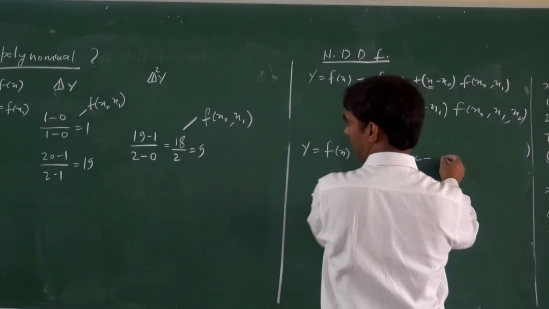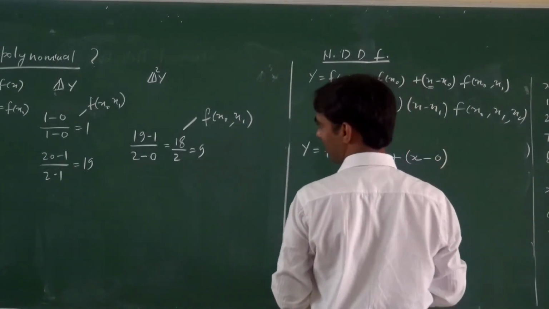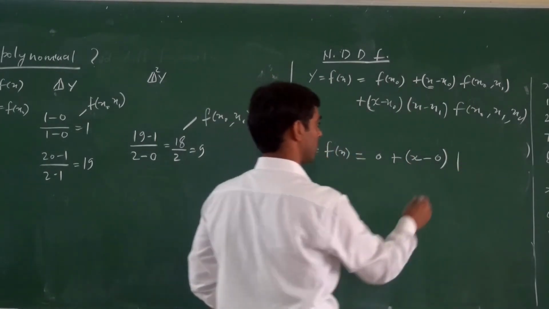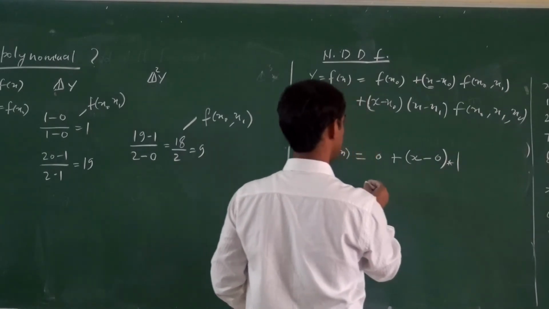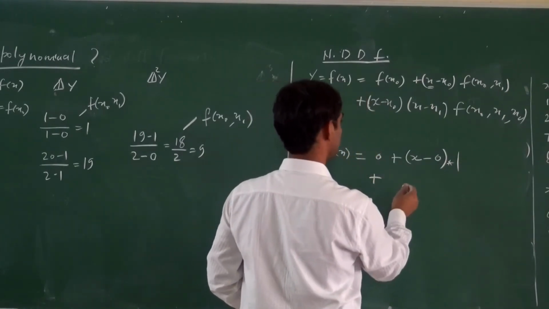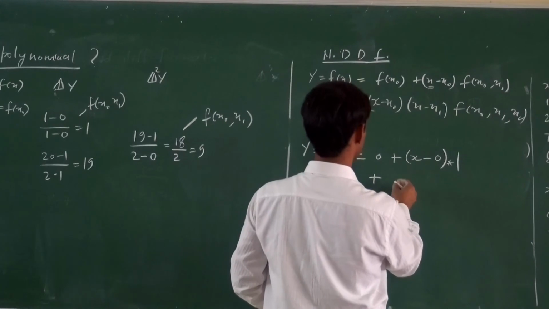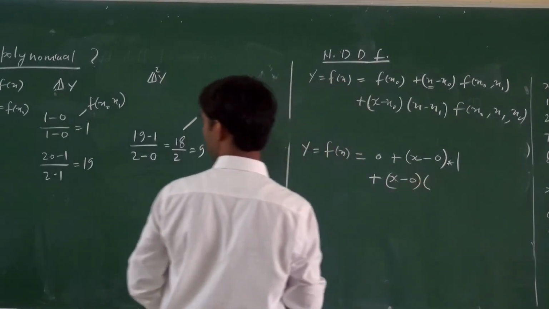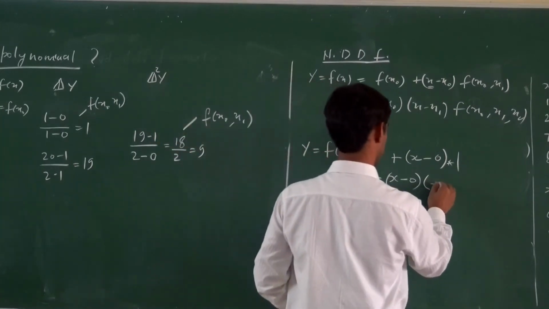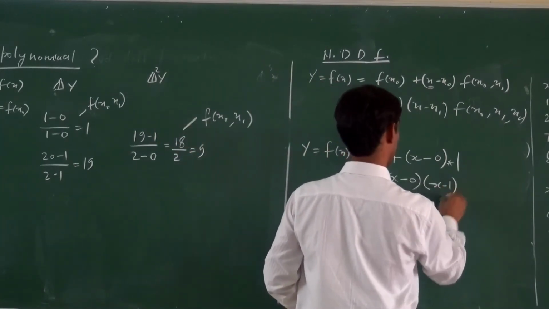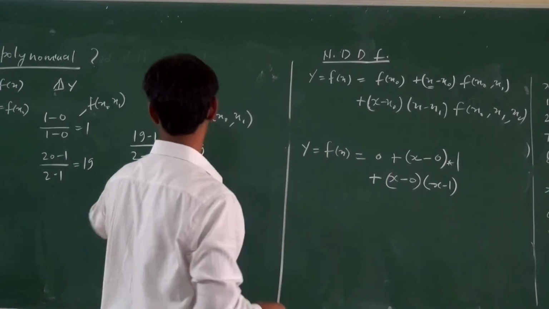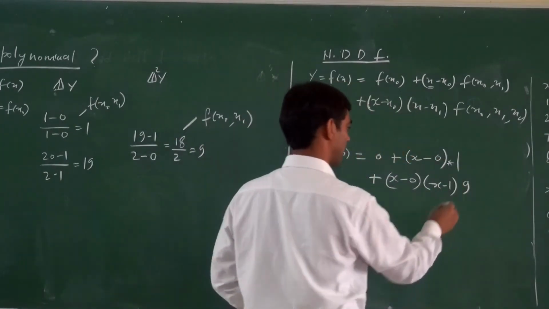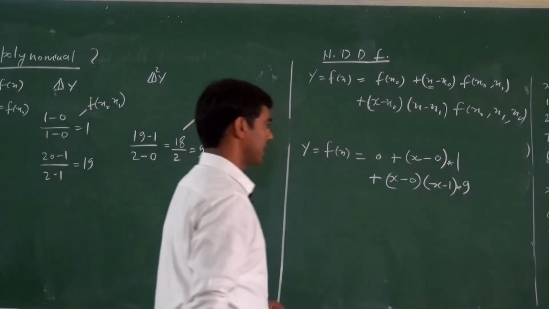Now simply put the values over here. x minus x0, where x0 is 0, times f of x0, x1, which is 1, plus x minus 0 and x minus 1, because x1 is 1, times the second order divided difference.